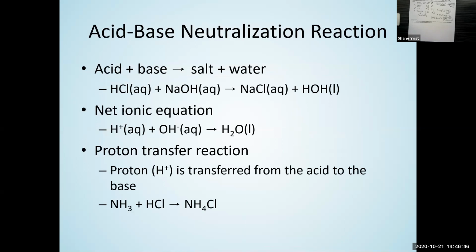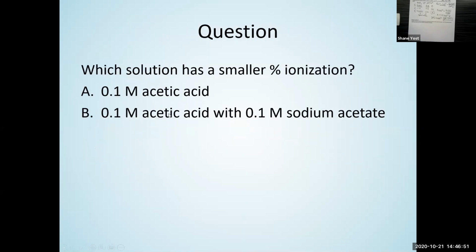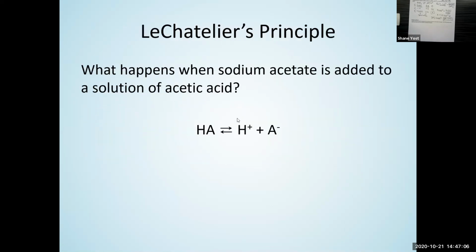By doing that, you create a solution like this one here of 0.1 molar acetic acid with 0.1 molar sodium acetate, where a buffer solution has roughly equal concentrations of an acid and its conjugate base. So this very first example we talked about at the beginning of class today is an example of a buffer solution where I introduce into solution my weak acid and its conjugate base.